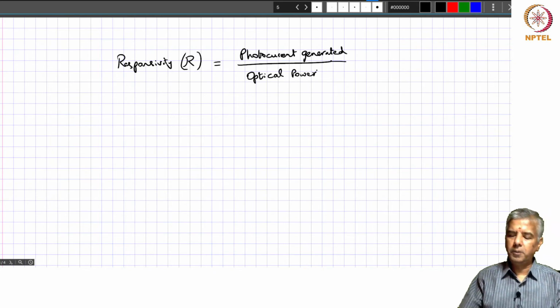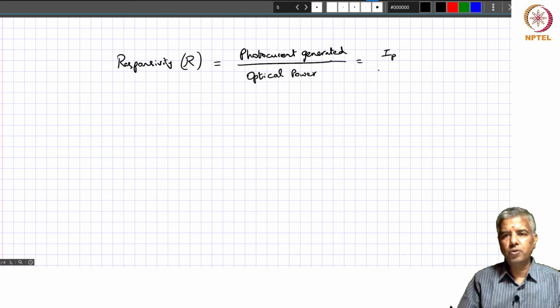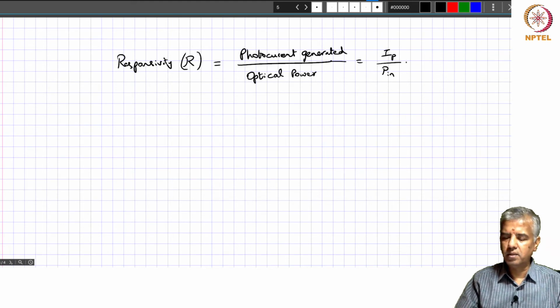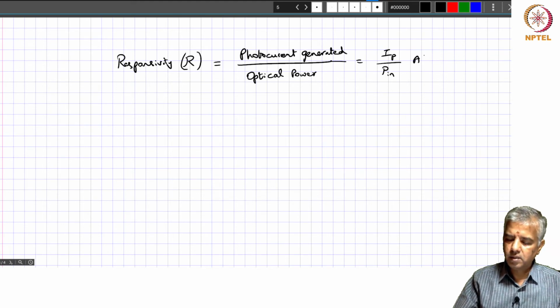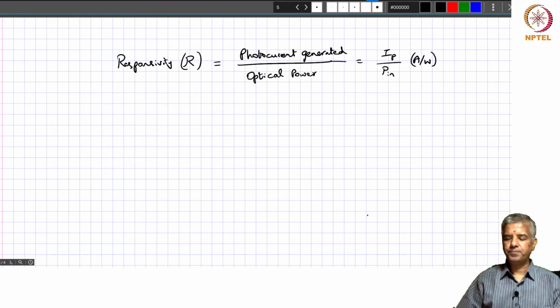So you can just say IP is the photocurrent, and like we talked about in the previous figure, Pin would be the power that's incident on the photodiode. So this is expressed in terms of amps per watt.